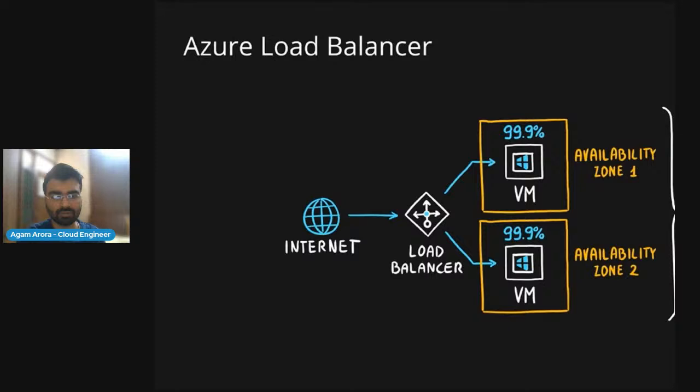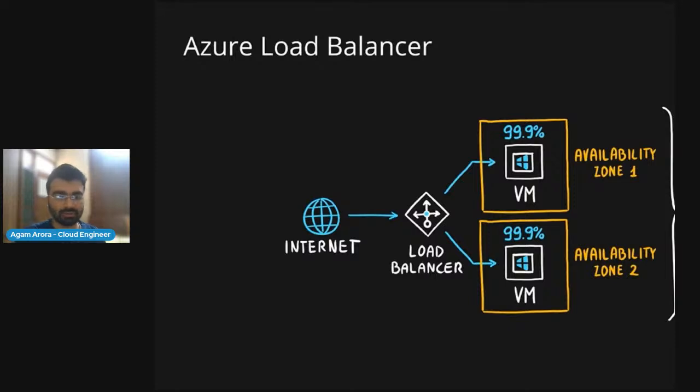All right. So now let's discuss the Azure Load Balancer. Load balancer, as the name suggests, is used to balance the traffic which is incoming from the internet or incoming to the virtual machines. This one is a layer 7 load balancer. So, for example, we have deployed two virtual machines here.